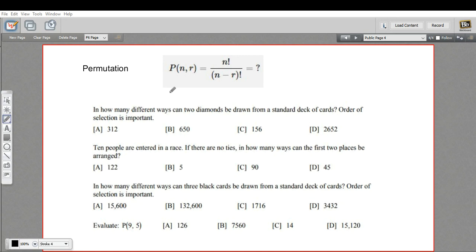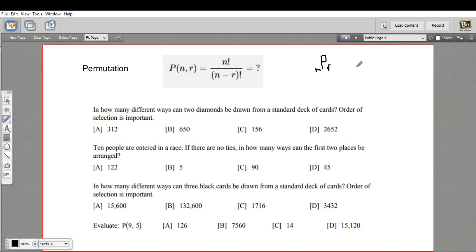We use this formula here where n stands for the total number that you're choosing from, and r stands for the number of things you're choosing out of that total. And often it'll be written as P(n, r). Sometimes you'll see it like this, where there are little numbers standing for the n and the r.